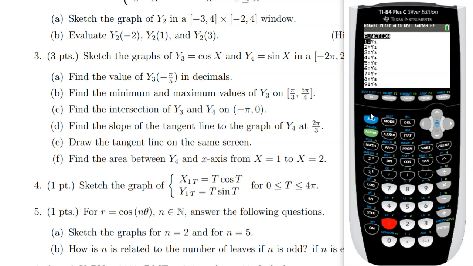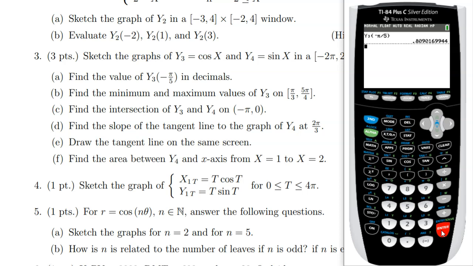In this case, we want y3, so I'm going to pick 3. Then we plug in negative pi, which is right here, over 5, so we have to divide by 5. Then hit enter. All right, so we found that.